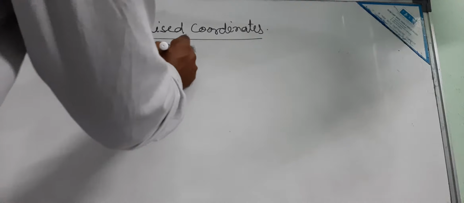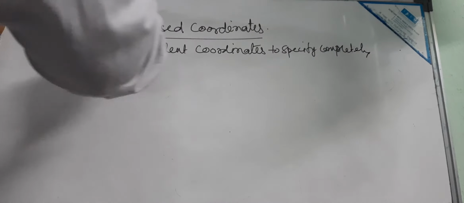I'll be talking about the generalized coordinates. These generalized coordinates are the independent coordinates to specify completely the configuration of the dynamical system.